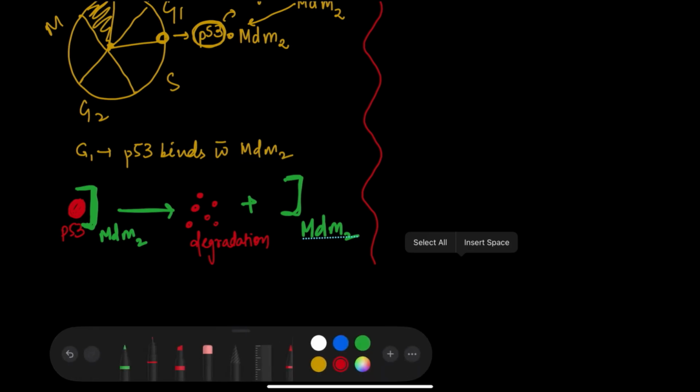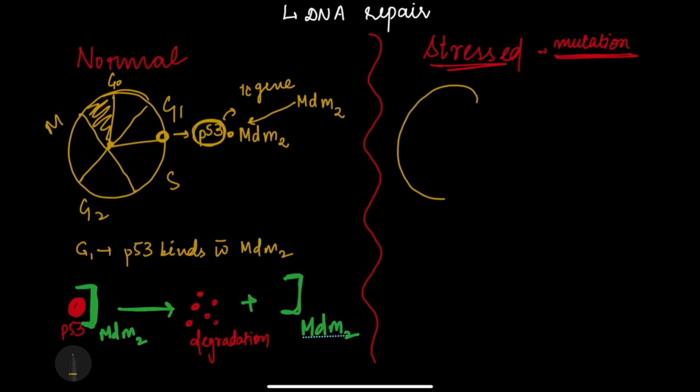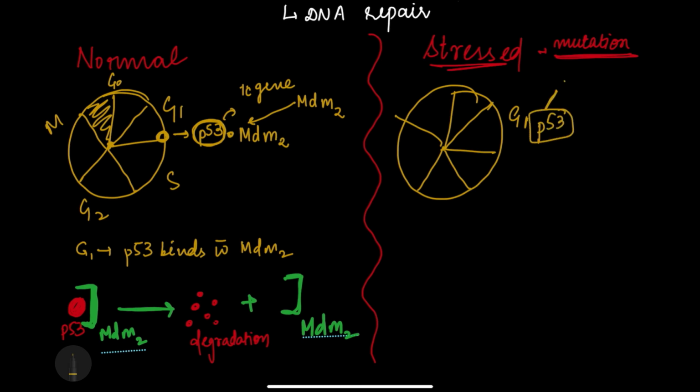Whereas when we consider the stressed condition, basically we'll consider the G1 phase. In the G1 phase, when the condition is stressed, p53 gets phosphorylated because of the mutation caused. And mutation is basically a double-stranded break created, which cannot be repaired easily, and it is the most common form of mutation.